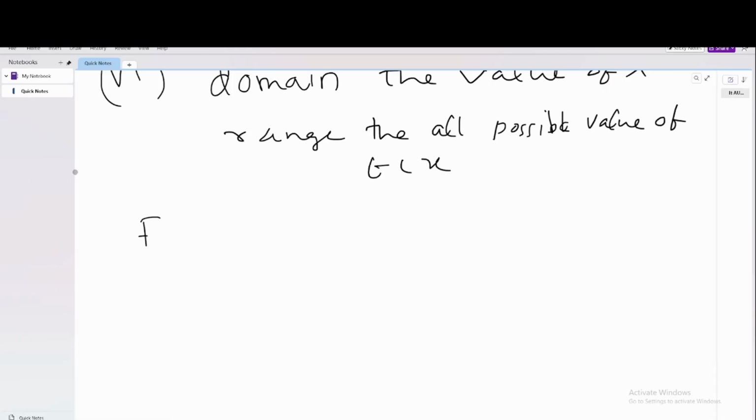f of x is equal to root of (1 minus x) by x.